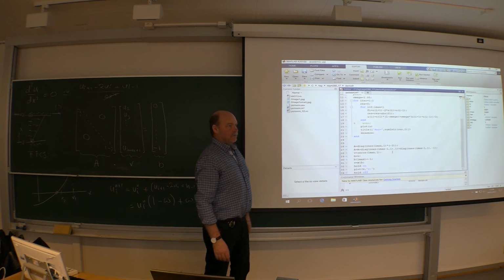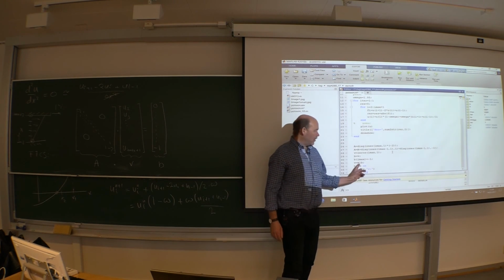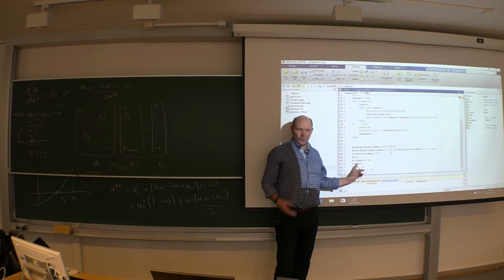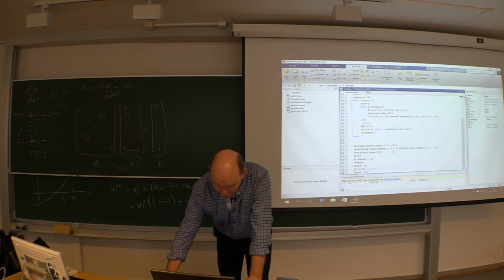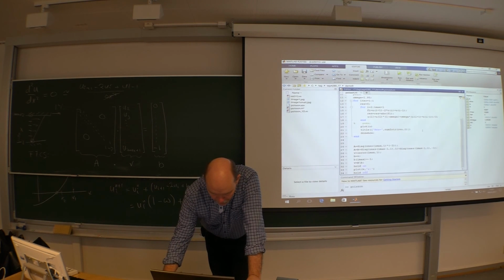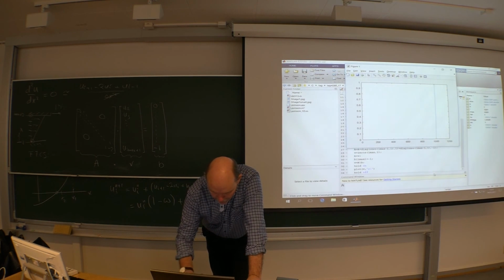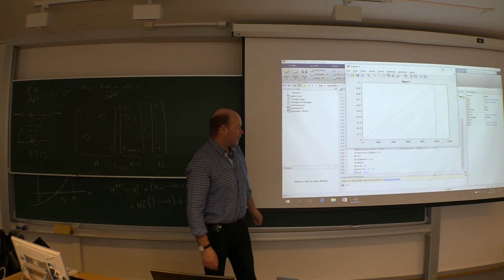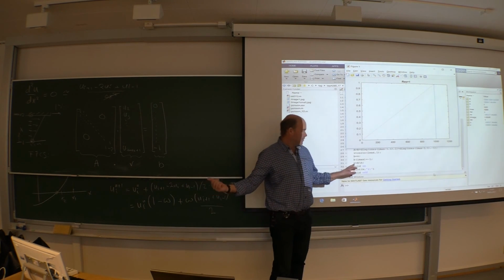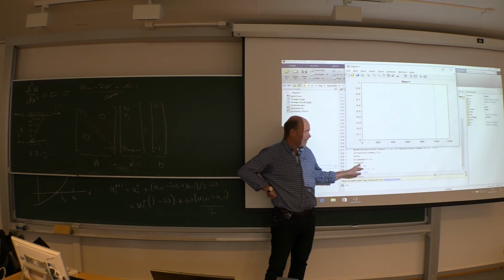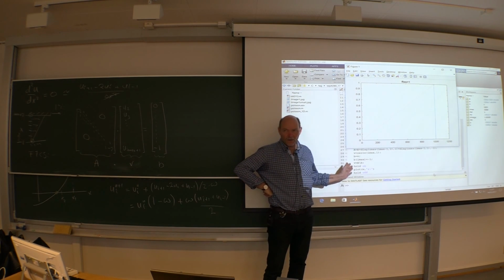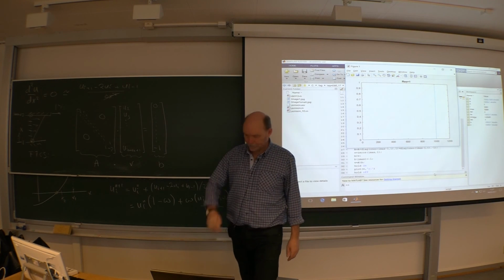You use the backslash. That one is a smart choice. MATLAB uses it extremely efficiently and it also doesn't require much memory. So you will find the direct solution for this matrix system sort of instantly. Very, very efficient. So use the backslash if you are seeking a direct method.